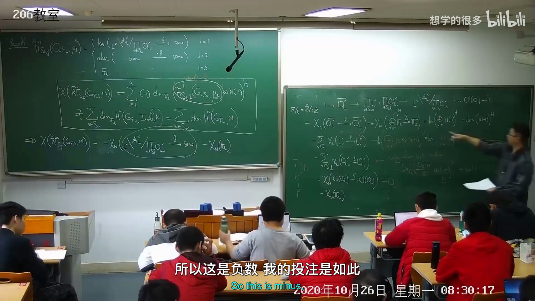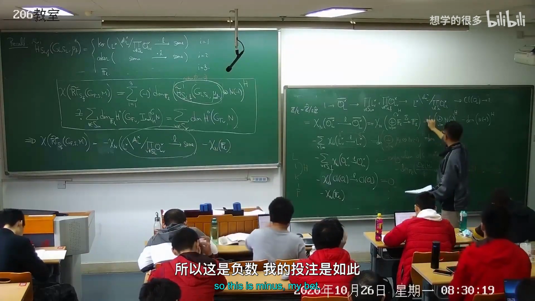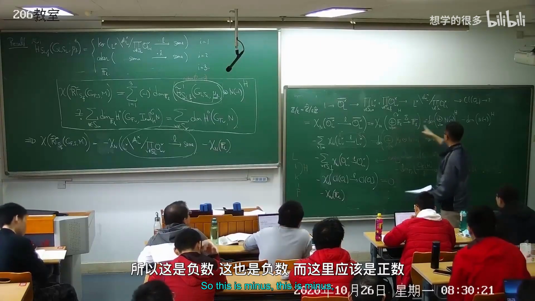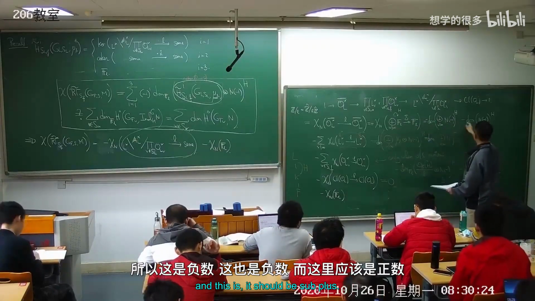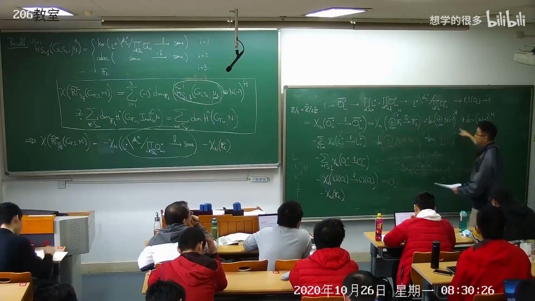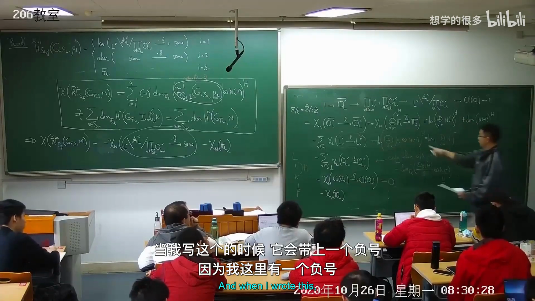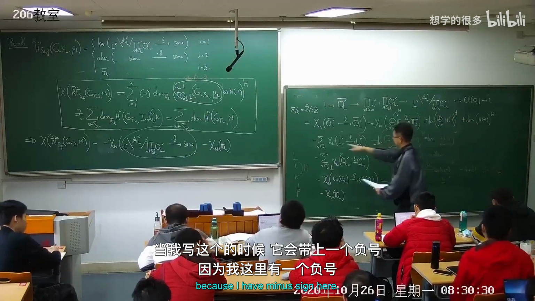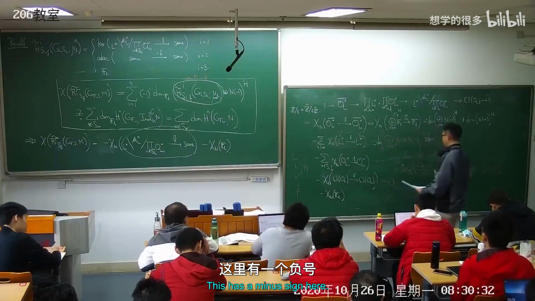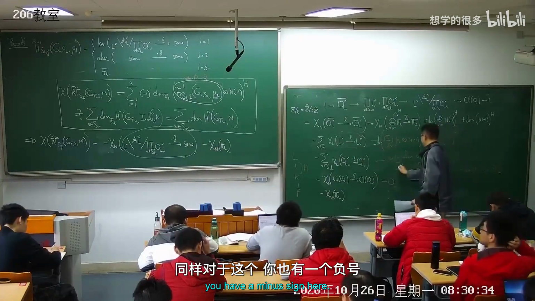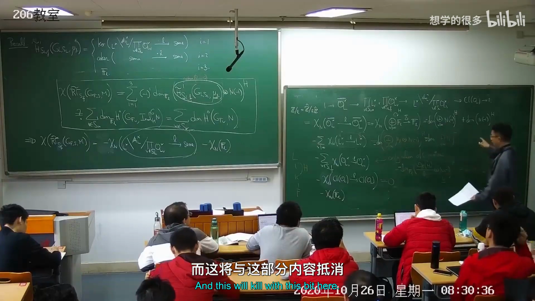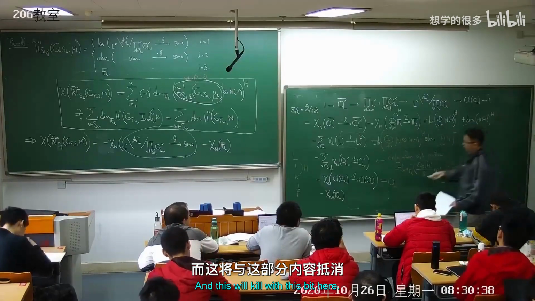Sorry, so this is minus, so this is minus. My bad. So this is minus, and this should be sub plus. And when I wrote this, it is going to take a minus sign because of our minus sign here. Similarly for this one, you have a minus sign here. And this will kill with this bit here.